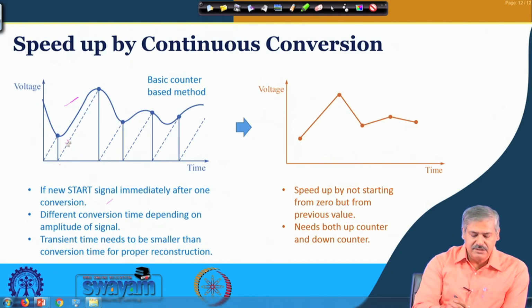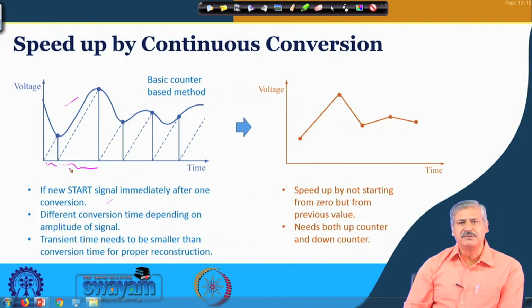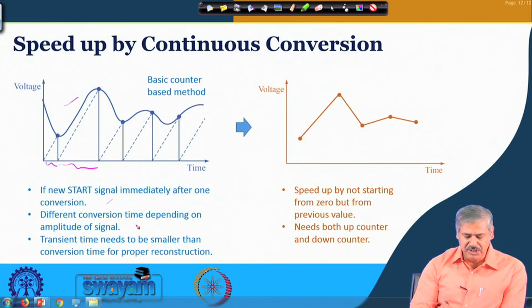So, the next count begins and it will go up to this level. For each of these cases you can see this axis is time. So, conversion time is different. Okay. So, this is what we can see from here: depending on the amplitude of the voltage, it takes more or less time with respect to one another.